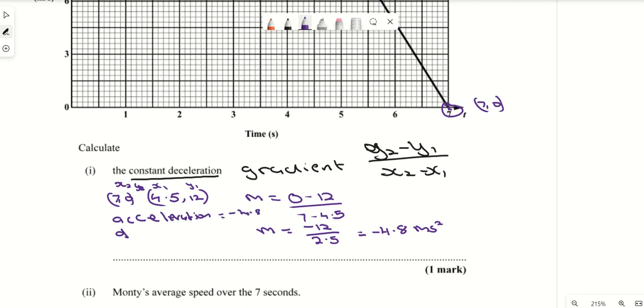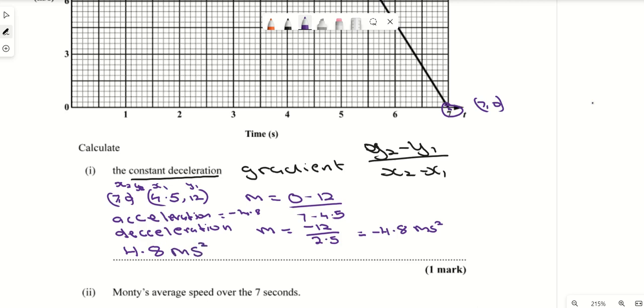So if they want my deceleration, it would be the opposite of minus 4.8, which is positive 4.8. So my deceleration is 4.8 meters per second squared. And that would be the answer.